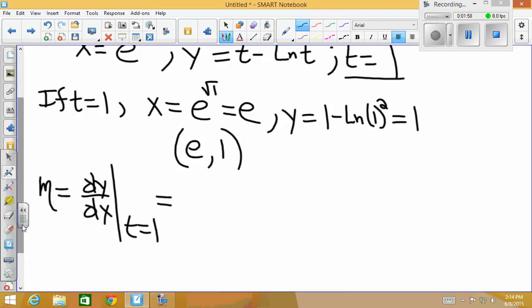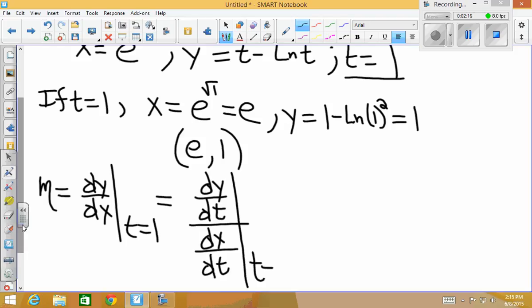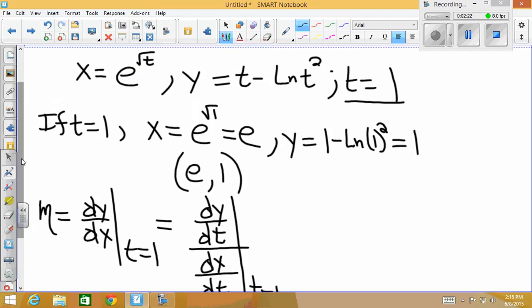Remember that if we're given a set of parametric equations, we can find the derivative of y with respect to x by finding the derivative of y with respect to t and dividing by the derivative of x with respect to t. Then we evaluate this when t is equal to 1. Here, x is equal to e to the square root of t.